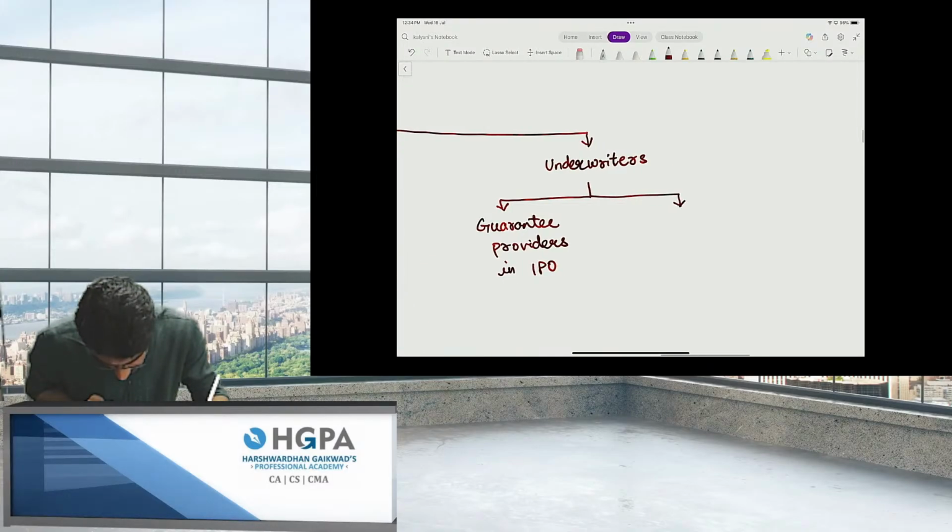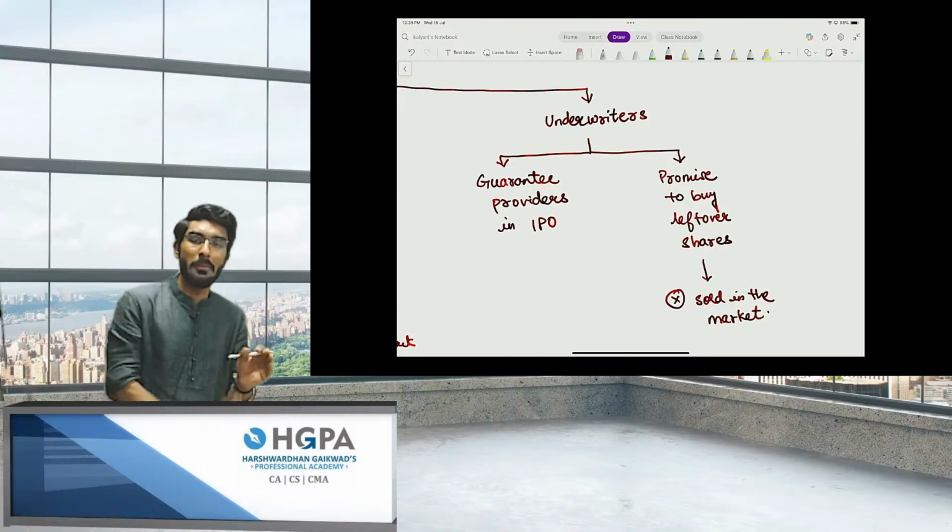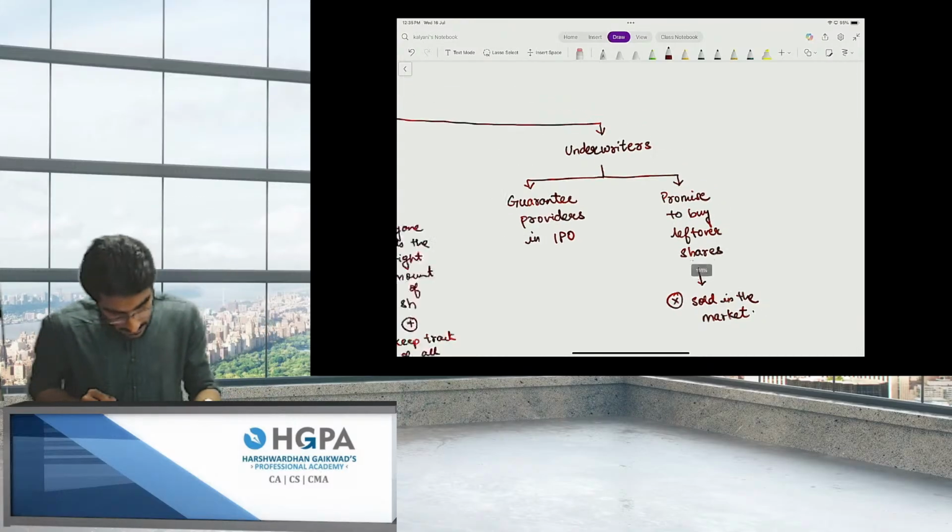Number two, they promise to buy leftover shares that are not sold in the market. They promise to purchase the leftover shares that are not sold in the market. This is the main job of an underwriter, people.